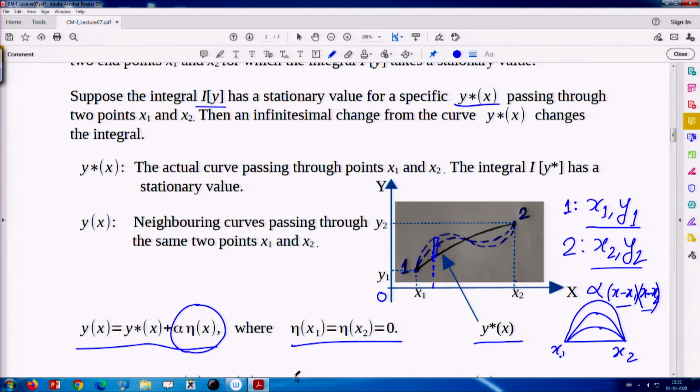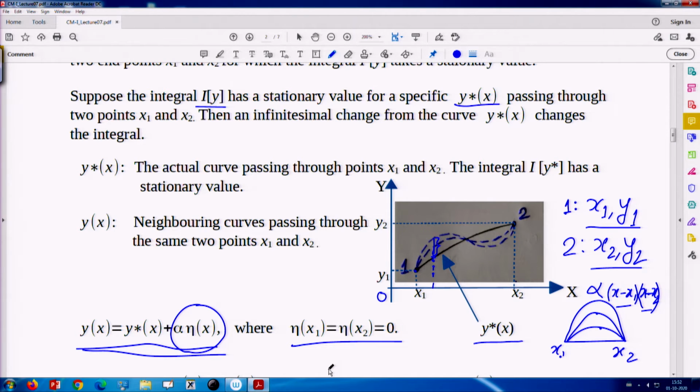To represent an arbitrary change from a curve, we require two things. We will add another curve such that eta of x 1 and eta at x 2 is 0, and that is multiplied with a parameter. So, it is a more general way of expressing change from the given curve.